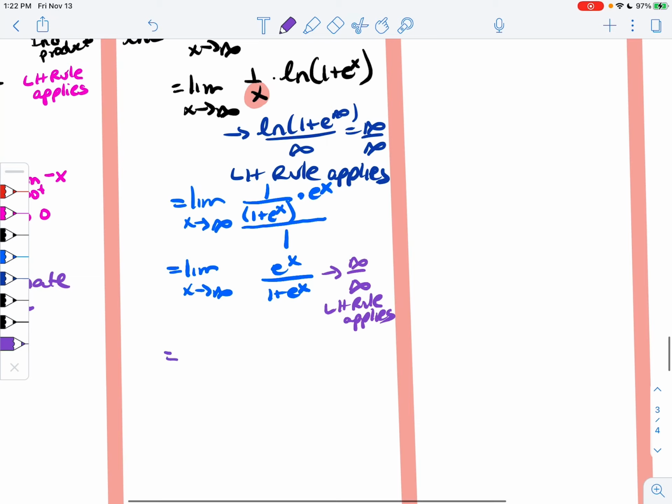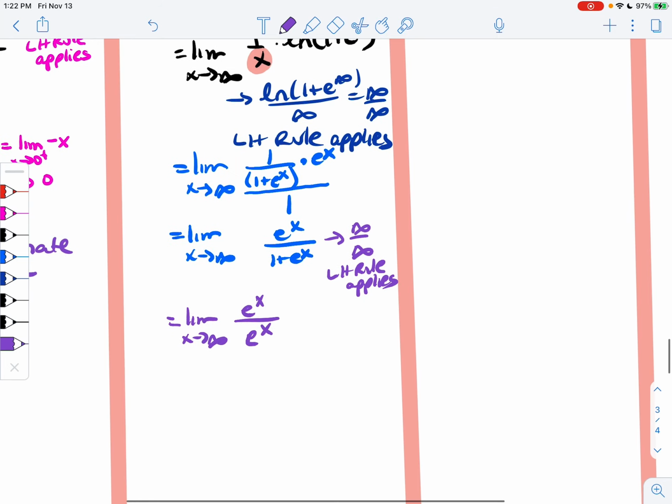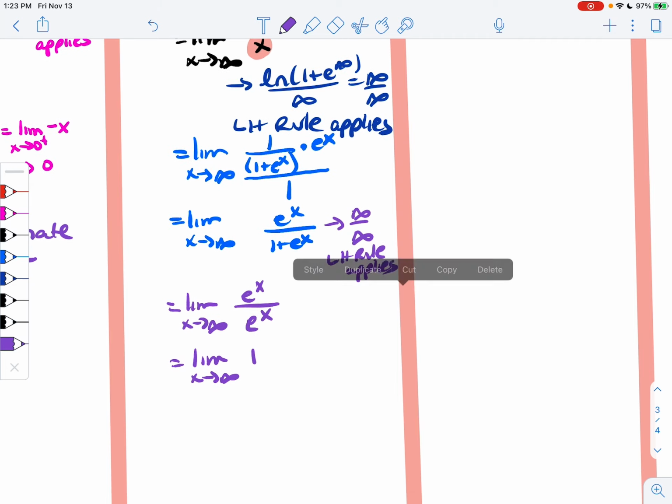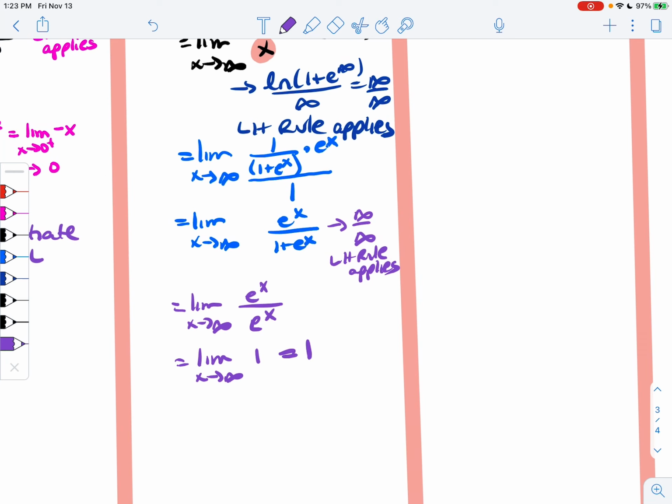So I'm going to take my L'Hopital's rule, and my limit as x goes to infinity. The derivative of e to the x is e to the x. The derivative of 1 plus e to the x is e to the x, or 0 plus e to the x. This is equal to, if I cancel common factors in the top and bottom, the limit as x goes to infinity of 1, and the limit of a constant is that constant.